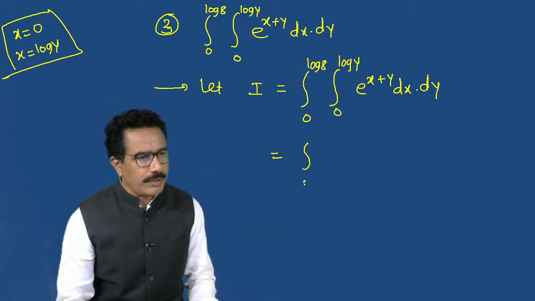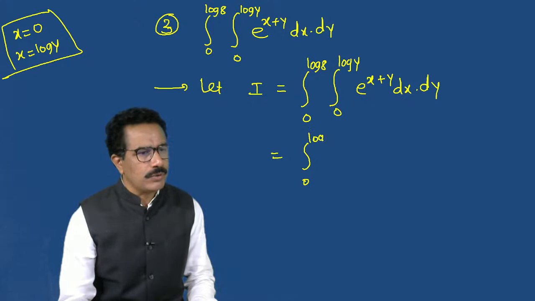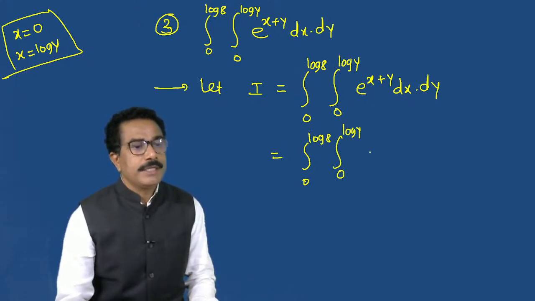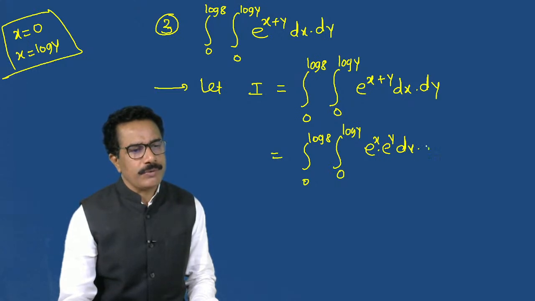So first of all I can write the integral from 0 to log 8, integral from 0 to log y, e raised to x plus y, means e raised to x into e raised to y, dx dy.